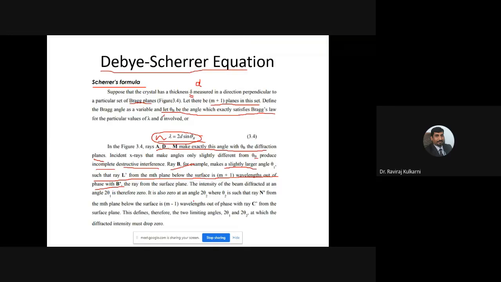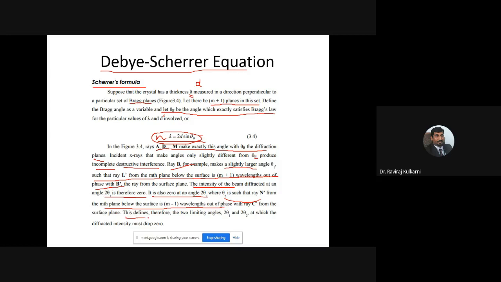The intensity of the beam diffracted at an angle 2 theta 1 therefore should be 0, because they are not following Bragg's law. It is 0 at theta 2 also, 2 theta 2 also. Theta 2 is where the mth plane below this one, m minus 1, is a wavelength out of phase from the surface plane.